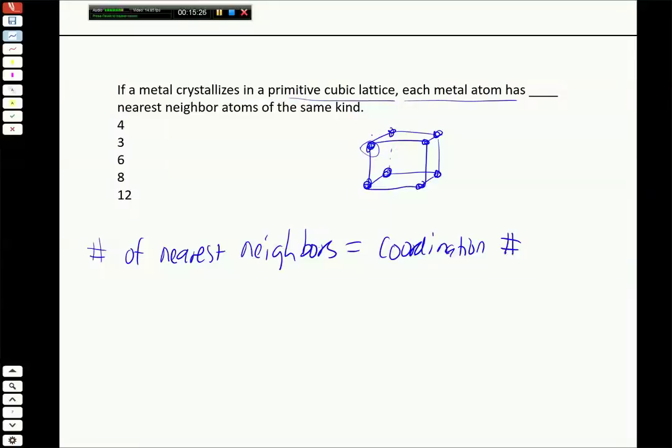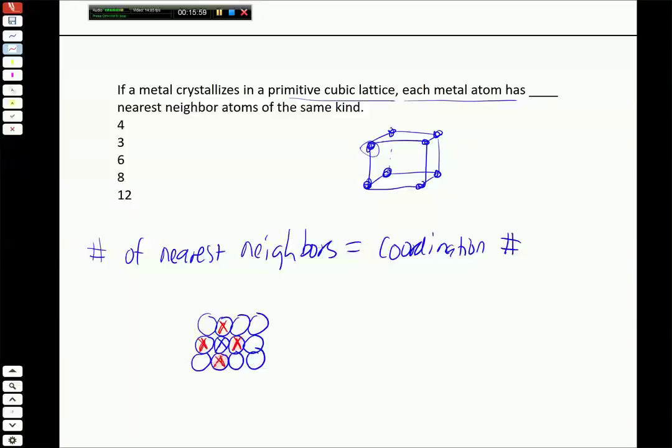So the way to think about this one is to actually think about the layers that are used to form these structures. So in a primitive cubic, the layers are these eclipsed, stacked layers like this. So if we look at an atom in this layer, let's say this one here, we can see that in the same layer it has 4 nearest neighbors, 4 that are surrounding it.